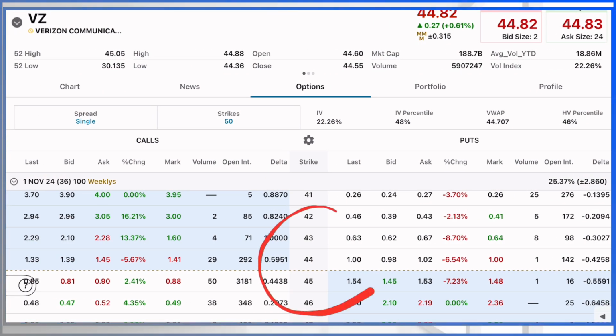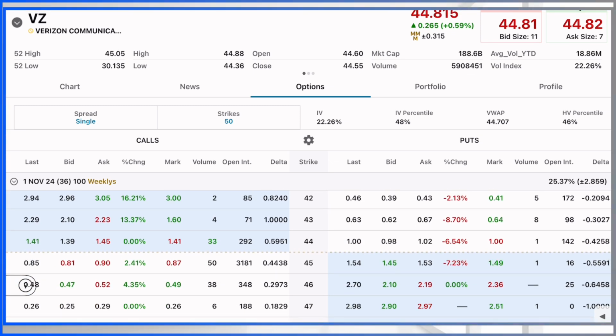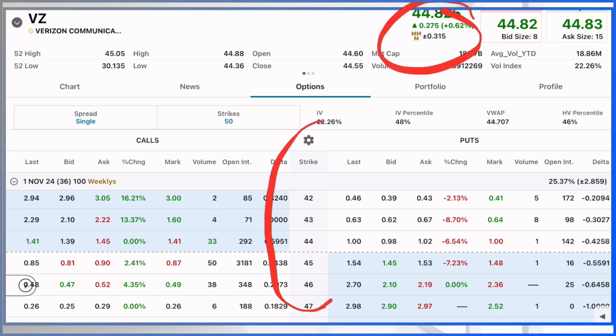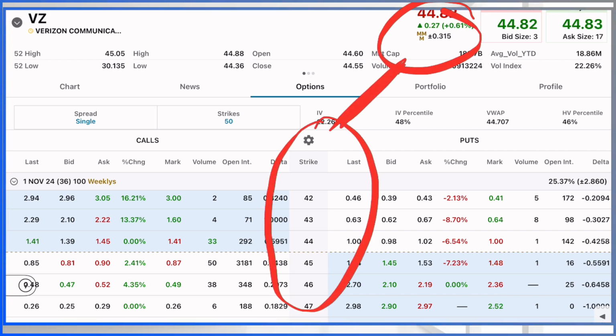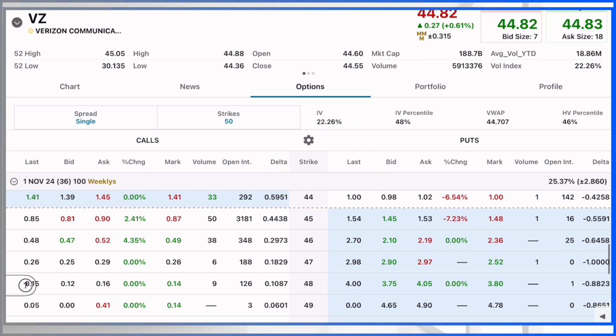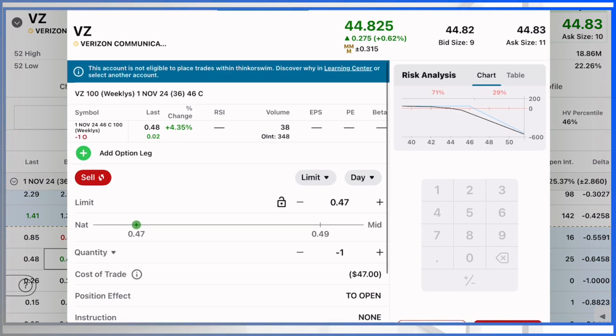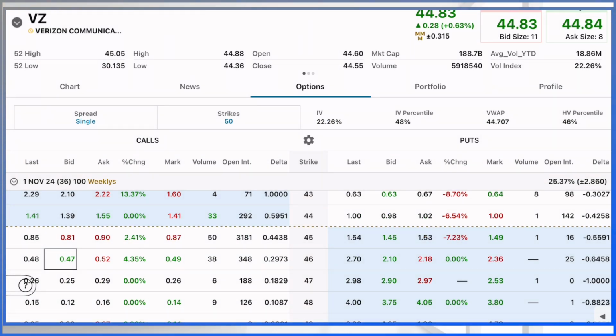And I wanted to just show you, this is where I'm always looking. This is where we need to look. The strike price needs to be out of the money, which means over and above the actual price. So if we sold an option on this, for $46 we could get 47 cents a share.